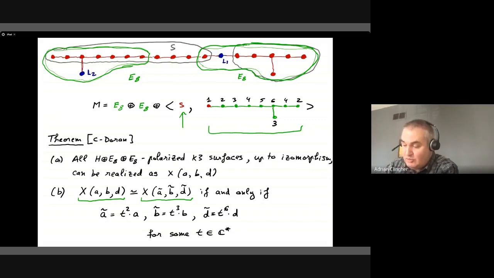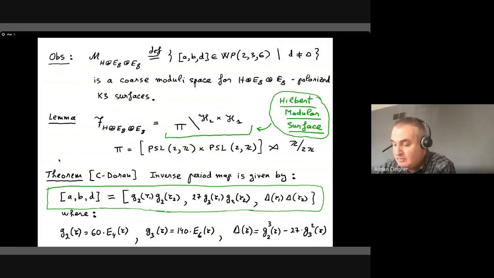So this leads to an invariant. I can consider the three coefficients and take the weighted projective point in the weighted projective space with weights 2, 3, 6, with the condition D being non-zero.